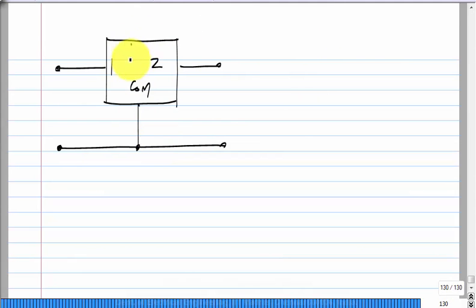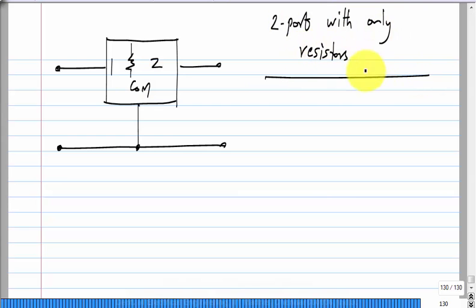All I know is that it has only resistors in it. There is nothing else. What could you say about the 2-port parameters in this case? Can you say anything at all? No, there are only resistors inside, but I don't know how many.